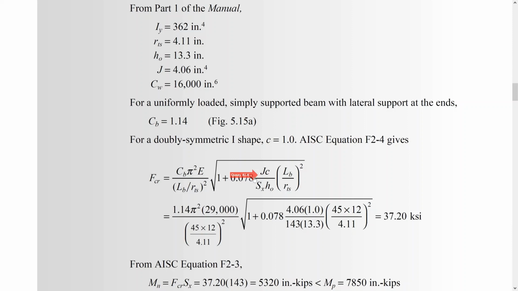So here, guys, from the manual, we can get Iy, which is 362 inch to the fourth for this cross section, and you know it's a 14 by 90.